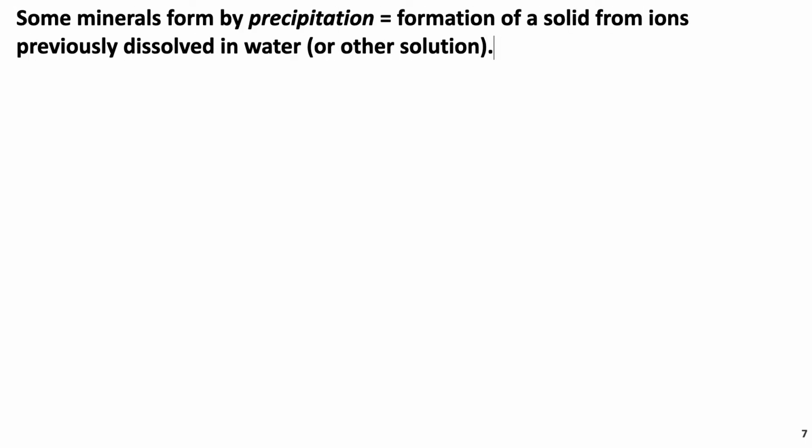So let's look at a description and a visualization of what's happening when minerals form by precipitation. By precipitation, we don't mean rain. What we mean is the formation of a solid from ions, that is charged particles.